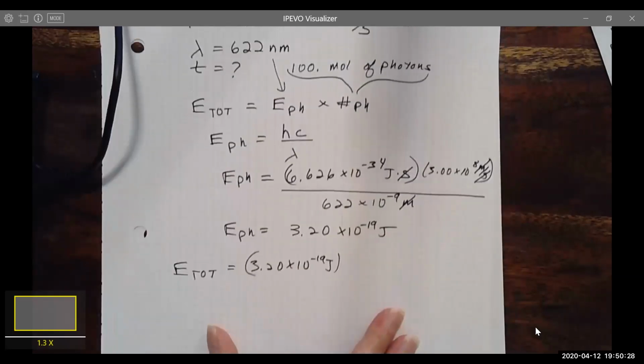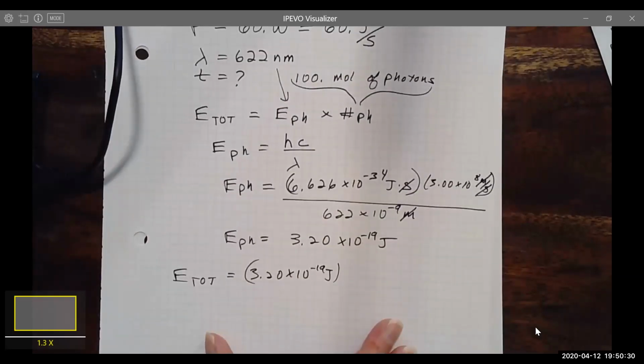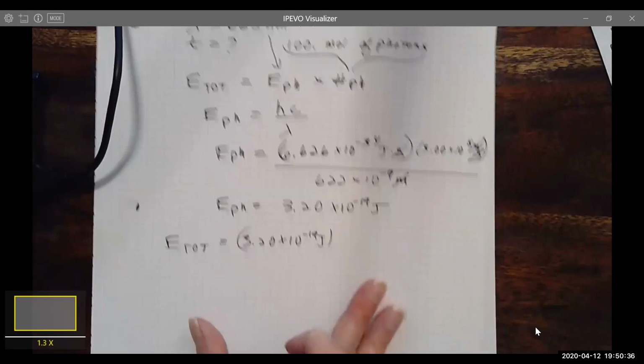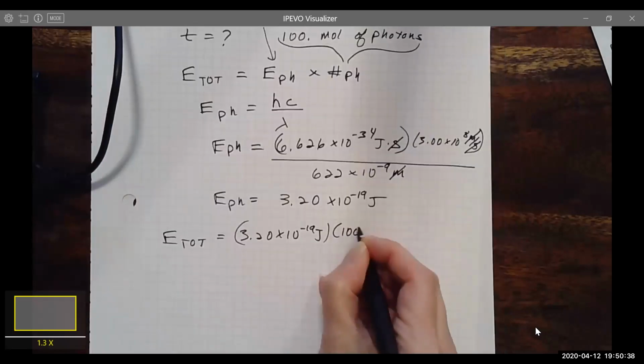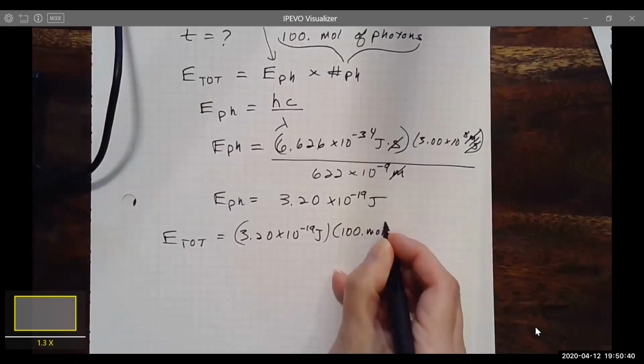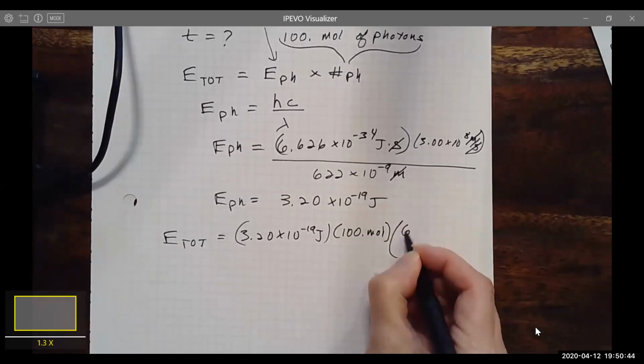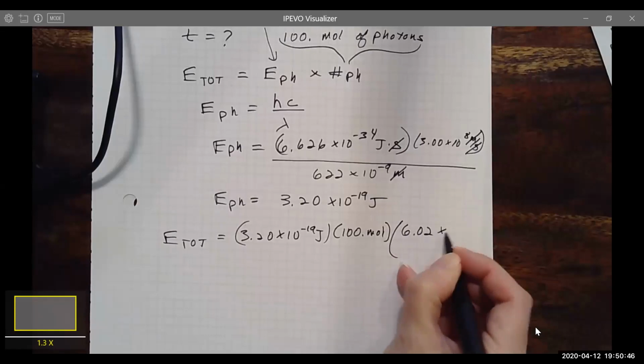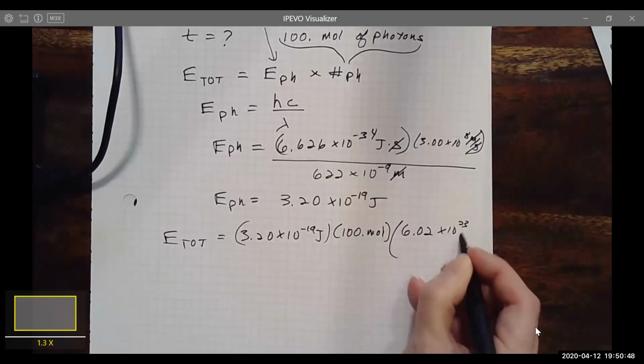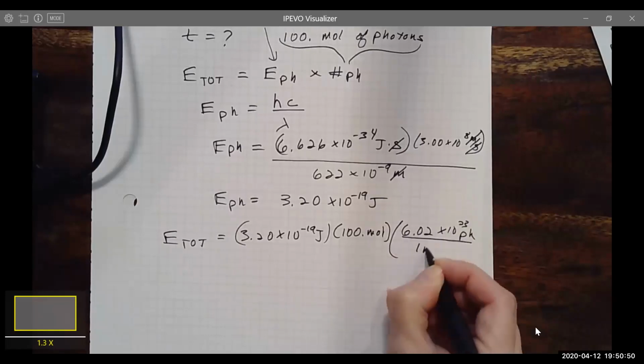But remember, we said we have 100 moles of photons. So 1 mole would be Avogadro's number worth of photons. We have 100 of those. So we're going to say 100 moles times that there are 6.02 times 10 to the 23rd photons in 1 mole.